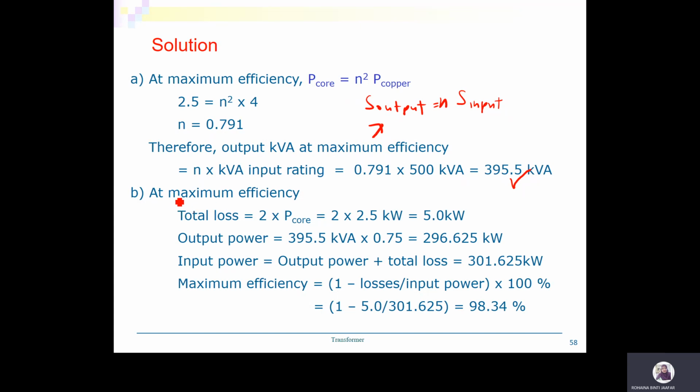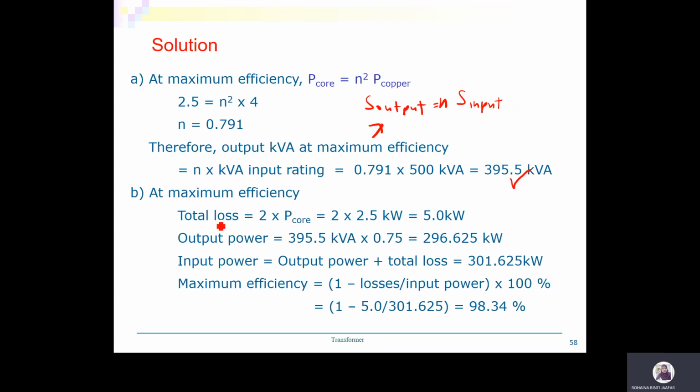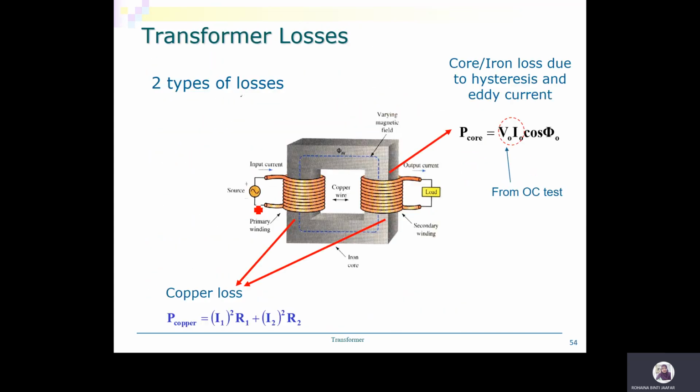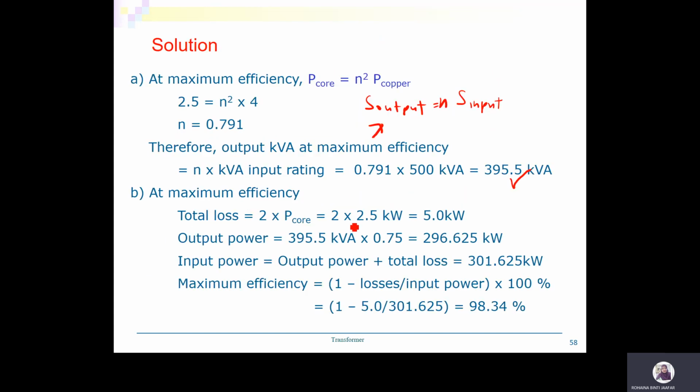And then the next question, the efficiency, taking the load power factor as 0.75. Total loss is equal to 2 times P core. Why 2? Because you have 2 core losses. So you will get a total loss of 5 kilowatt.